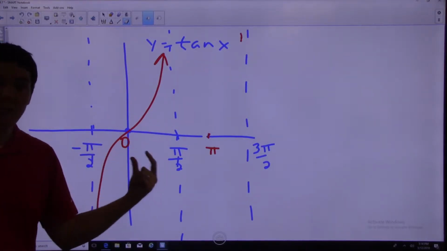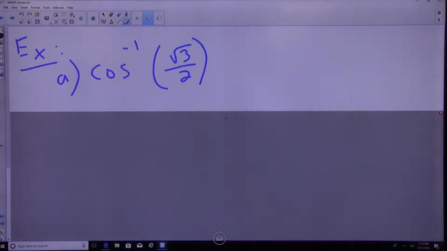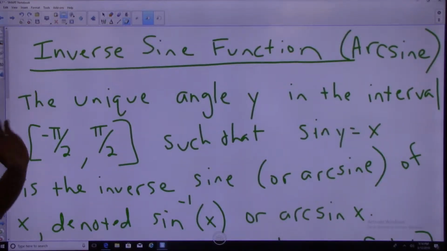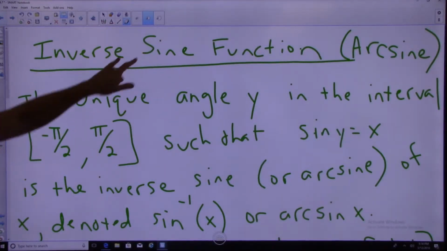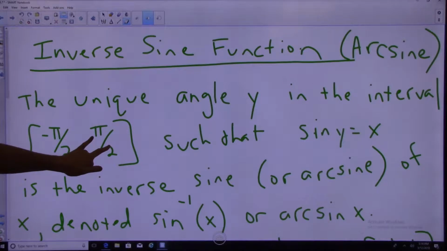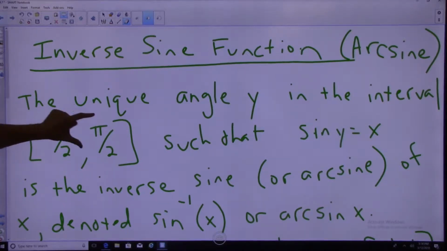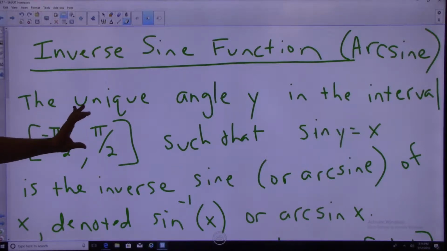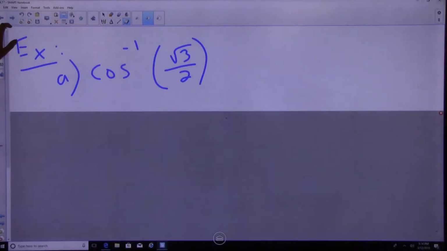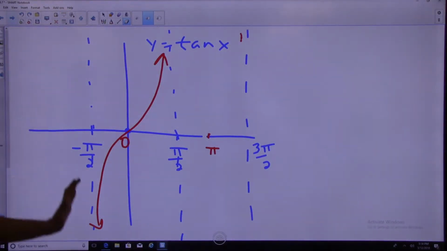Now, that sounds very similar. Let me go all the way back to inverse sine. My bad, I misspoke. If you look at this, look at what the range was. The range for the inverse sine is from negative pi over 2 to pi over 2, with brackets. So the biggest difference between inverse tangent and inverse sine is pretty much the same interval, except, guys, you'll notice if you look at the graph at negative pi over 2 and pi over 2, those are going to be asymptotes.